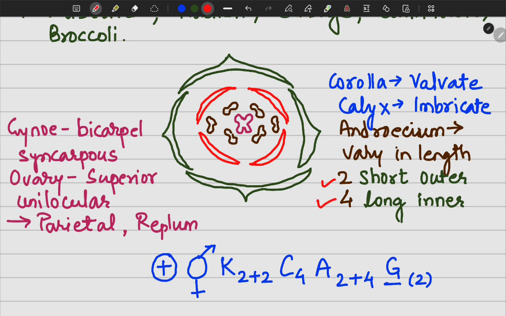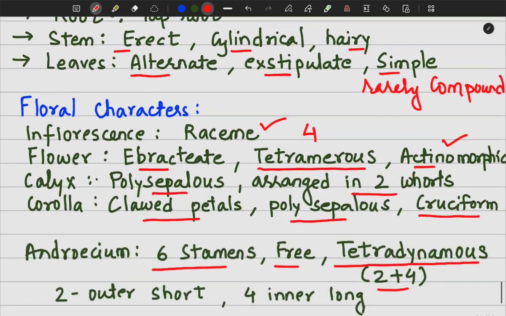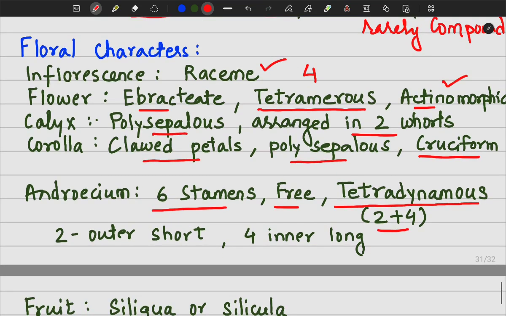This kind of arrangement is called tetradynamous arrangement.